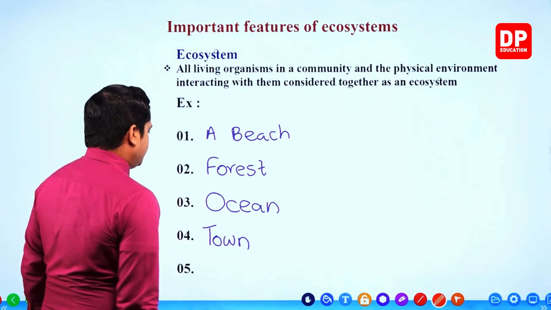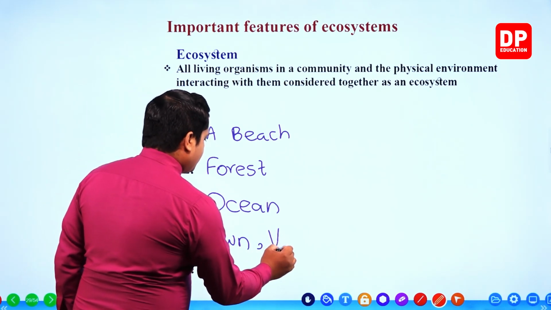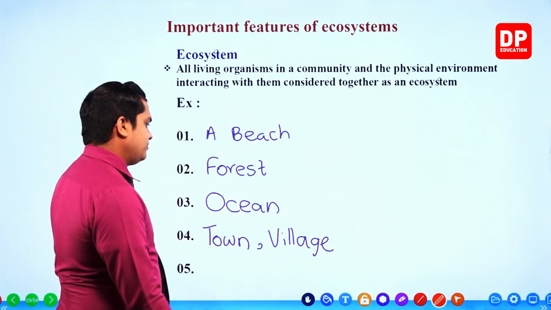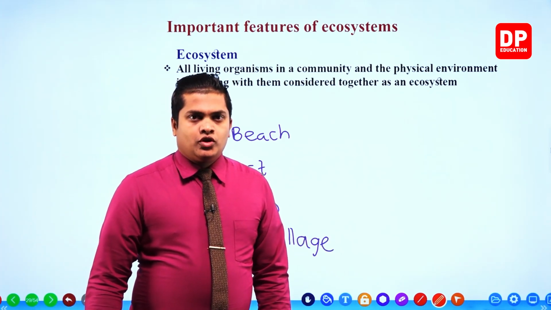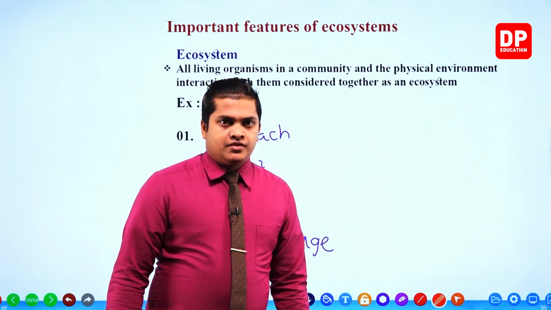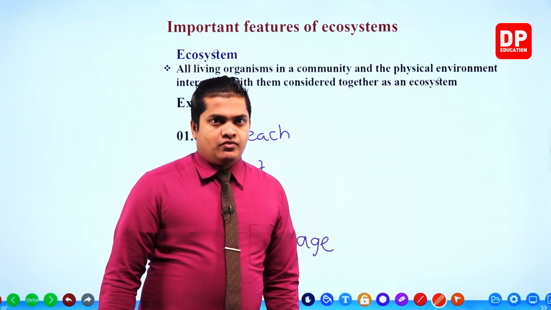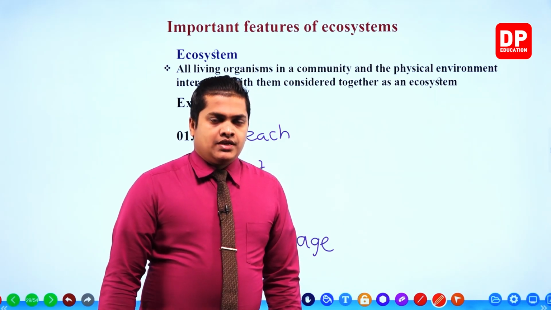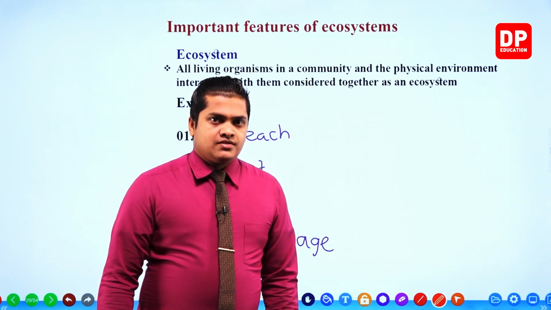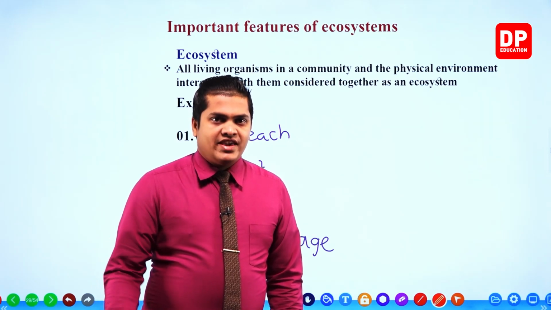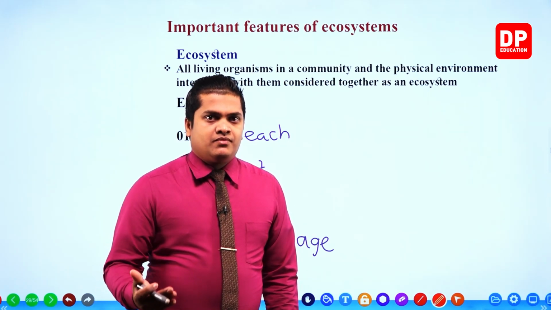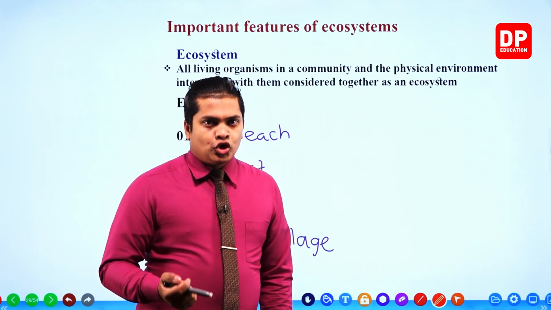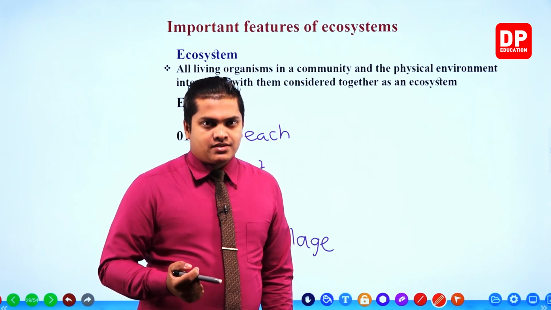A town or else a village. Man-made ecosystems. Within towns and villages, we can observe roads. Then we can observe buses, machines, vehicles, some trees, and organisms like cats, dogs, cows, hens.